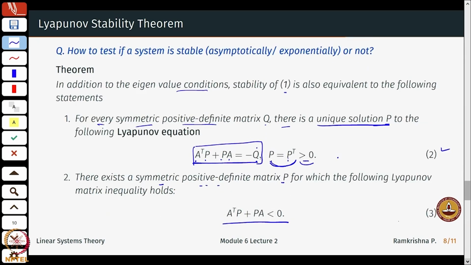Okay. Now, what should I prove last? That stability, or asymptotic or exponential stability, is also equivalent to the statement that there exists a P for which the following matrix inequality holds: A transpose P plus P A is strictly less than 0.